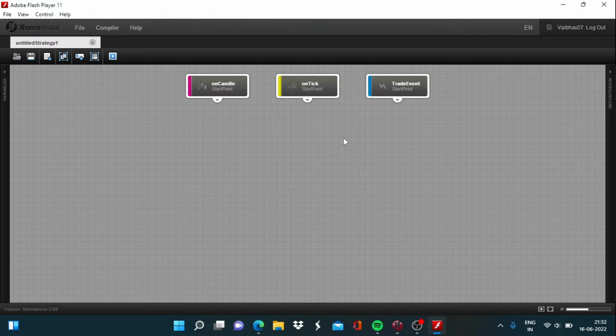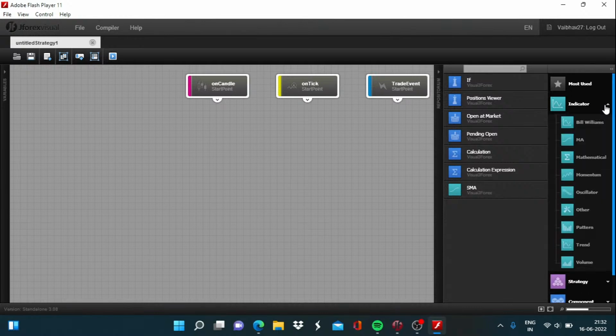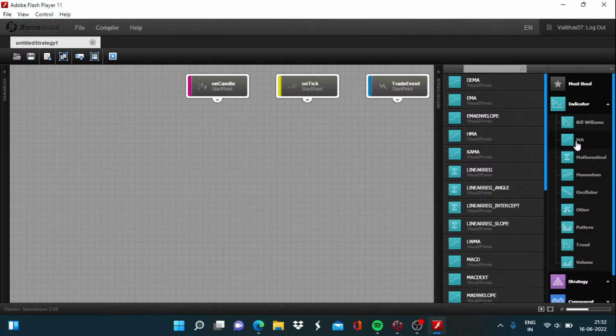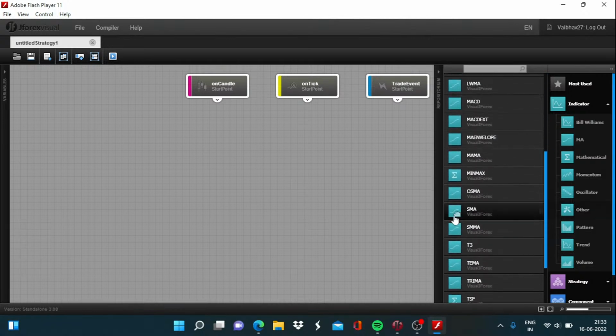So this is the JForex board, and you will find these two indicators listed amongst this drop-down panel. The SMA is included amongst the moving averages. Here it is, simple moving average.